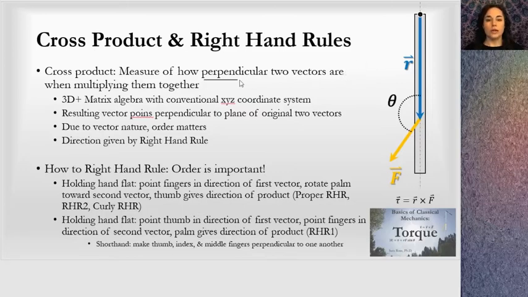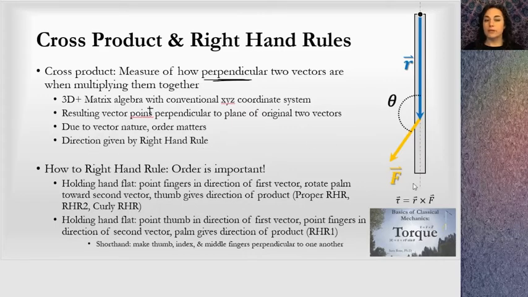But here we're looking at how perpendicular they are. And now we're looking at a 3D matrix because the resulting vector points perpendicular to the plane of the original two vectors. Due to the vector nature of a cross product, the order matters, and the direction is given by right-hand rule.